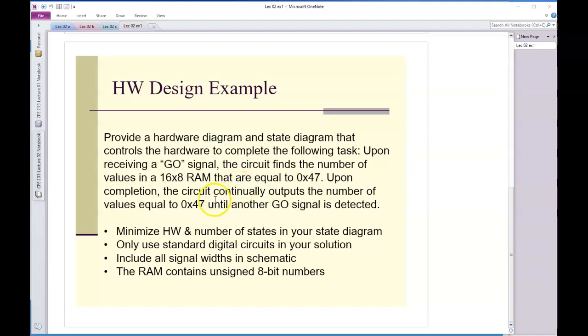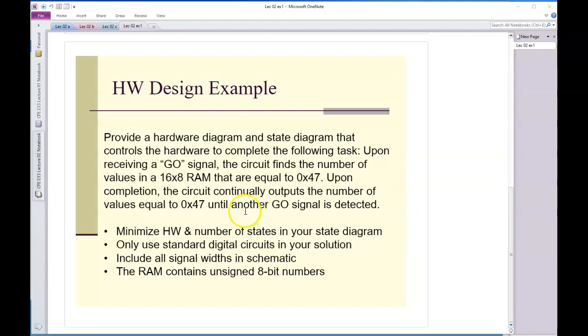Now, the notion in these problems is that some external device has pre-written the values to the RAM, and nothing in this problem requires me to do any writes. So effectively I can turn the write enable off. Typically I just ground it, but it's probably better to put it into the state diagram.